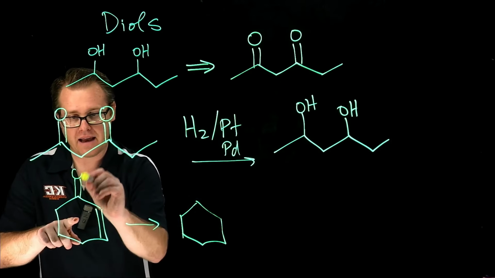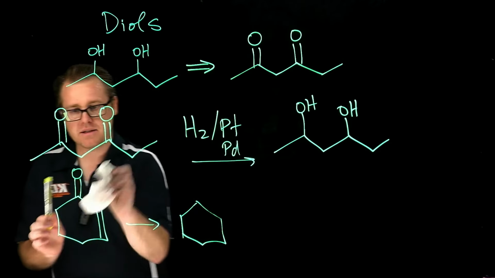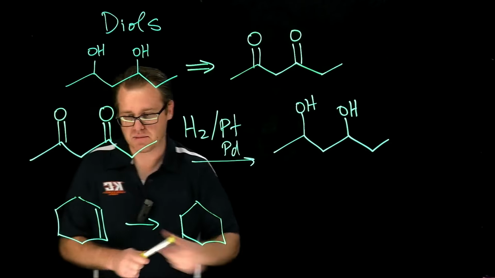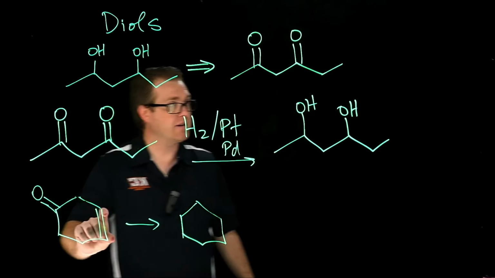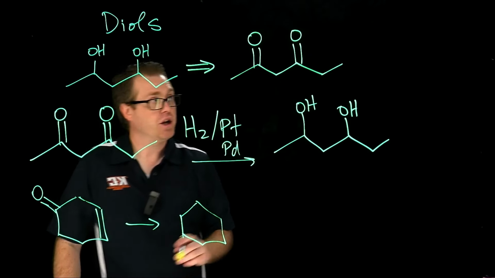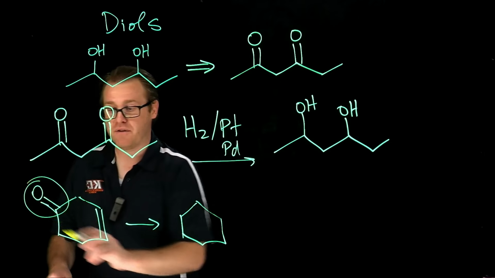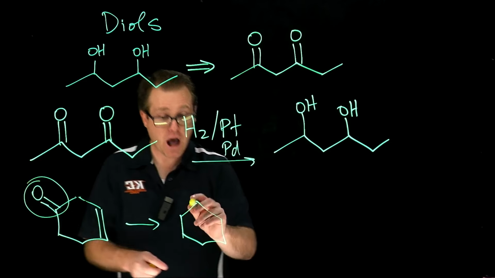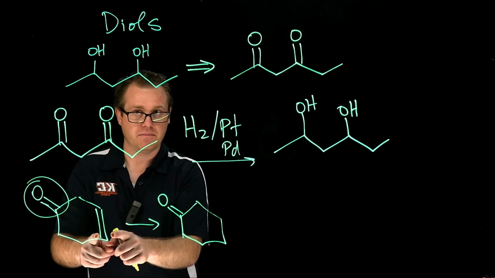But if we added a double bond there, a ketone and an alkene, and we treated it with these conditions, if you're very careful, because the carbonyl takes so much more effort to reduce, you could selectively just reduce the alkene.